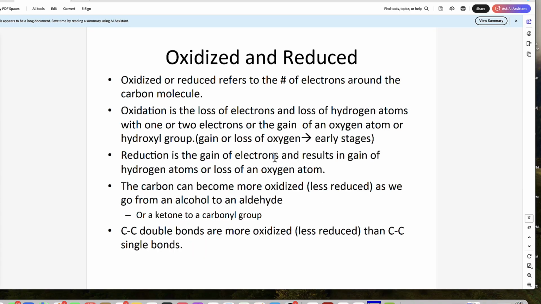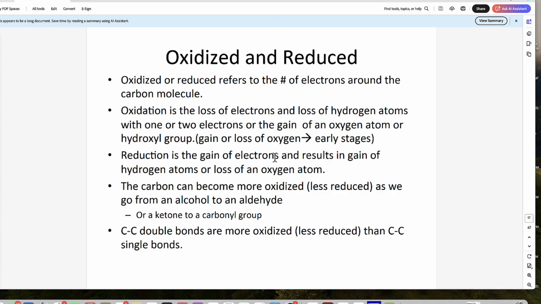Okay? So just kind of breaking this down, we talk about oxidized and reduced. Okay? Whenever you're talking about oxidation, it's referring to the number of electrons around a carbon molecule. Okay? So in oxidation, you have the loss of electrons and the loss of hydrogen atoms, with 1 or 2 electrons gained or lost.